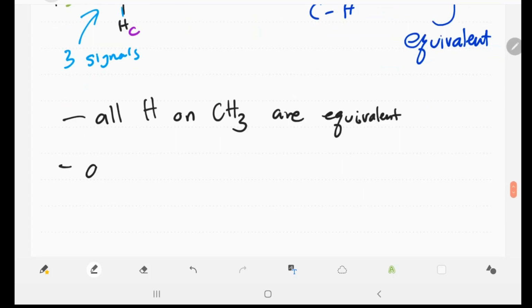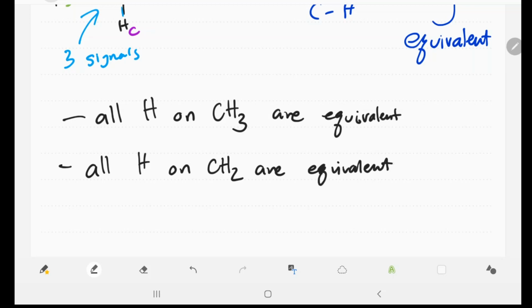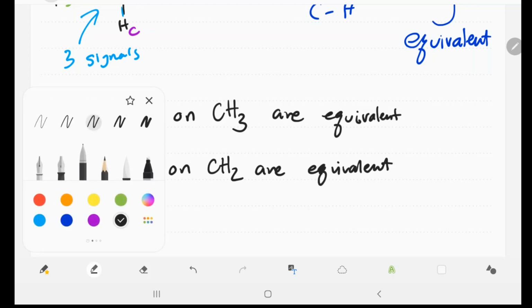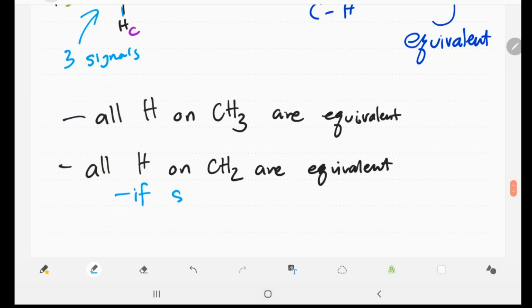We're going to see that all H on a CH2 are also equivalent to each other, but we've got some ifs here. If it's sp3 and not chiral.